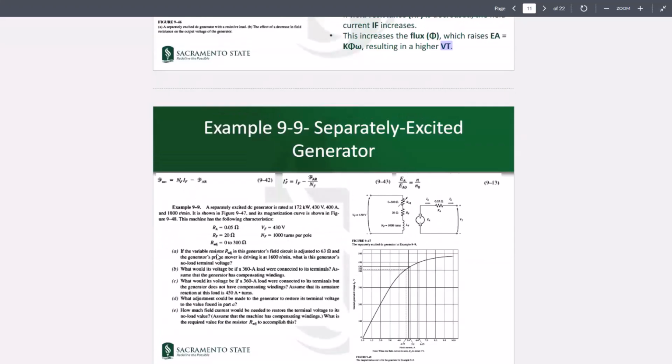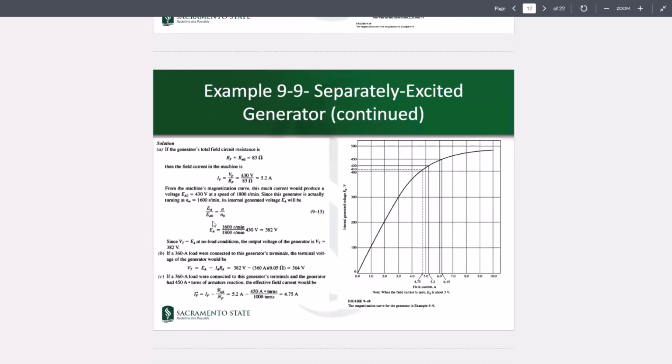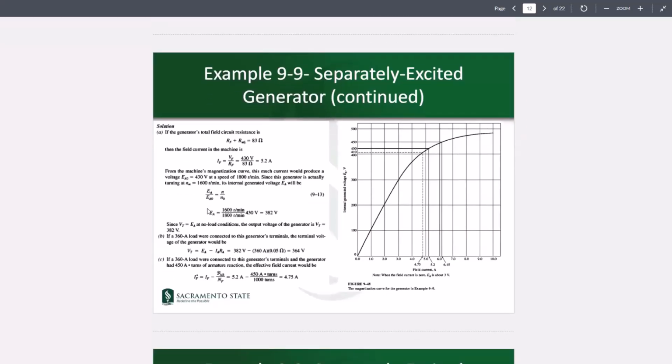Now that we have 1600 RPM, we can determine the actual EA through equation 9-13. So the actual voltage on the armature would be 382 volts, which would fall on the terminal since there is no load. So this was the first part of the problem.